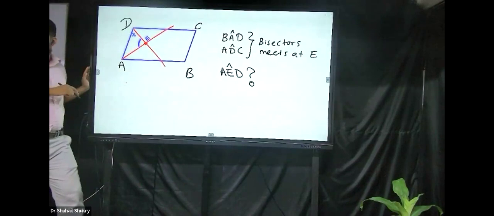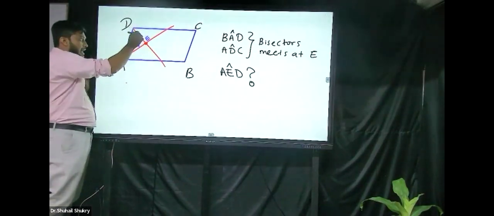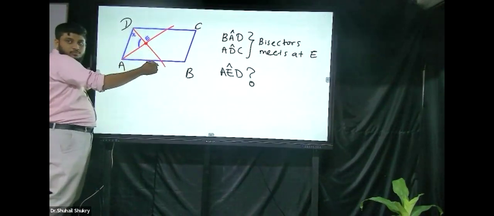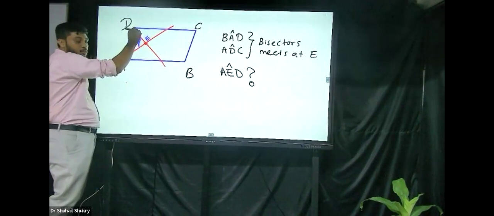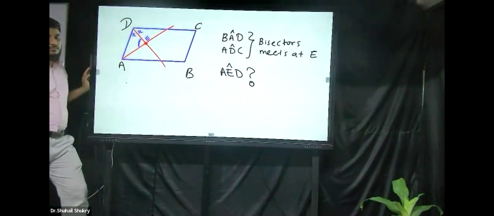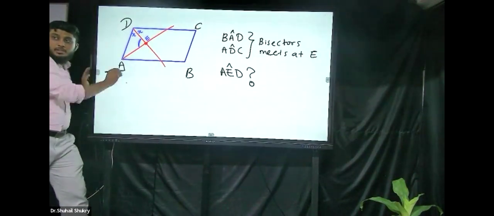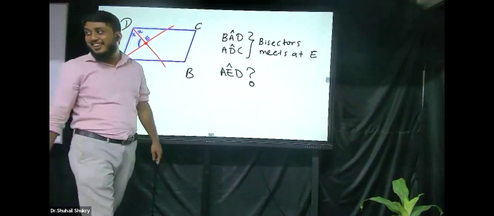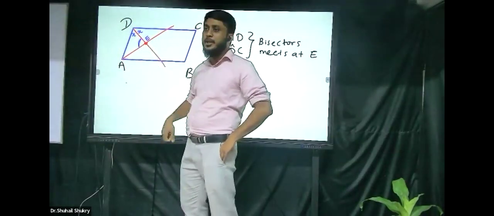This is X. This one X means this is the bisector. This angle's bisector is this line. Bisector means dividing equally. This one X means this one also X. Very good. Now this one, X, why should this one be X?